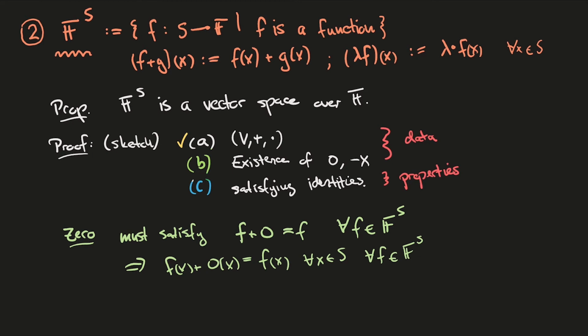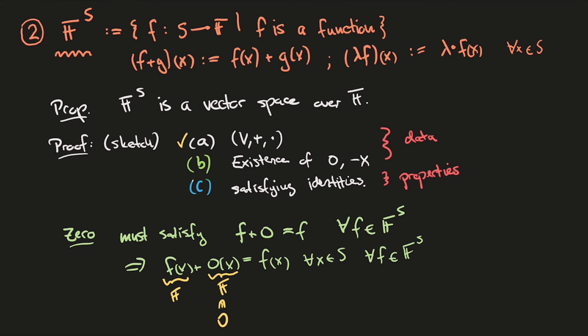Okay, so we want our 0 element in Fs to satisfy this condition on the bottom, and we note that each of these elements is an element of our field F, since elements of Fs map objects in S to objects in our field. Now we already know of an element in F that has this property that we're requiring, namely that if we add it to some other element of F, we get back the original element, and that's just the element 0 in F.